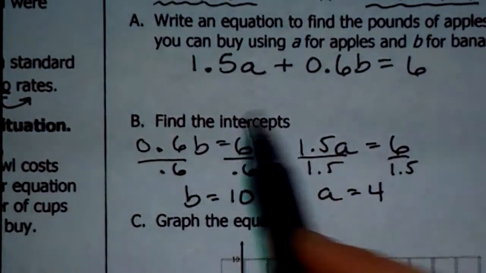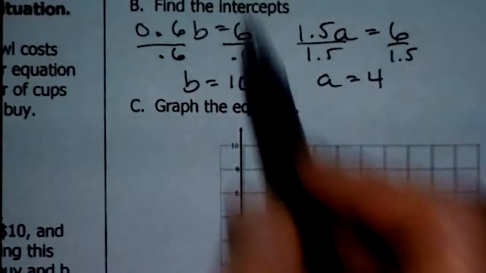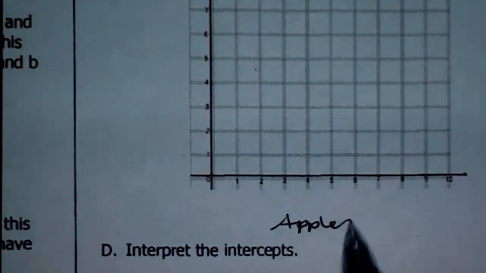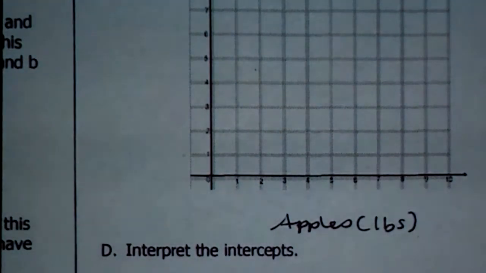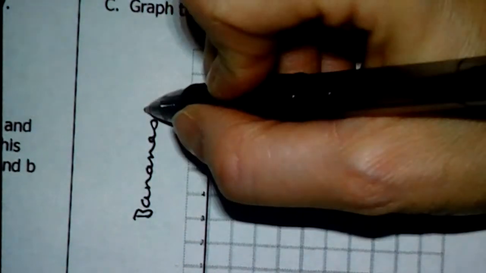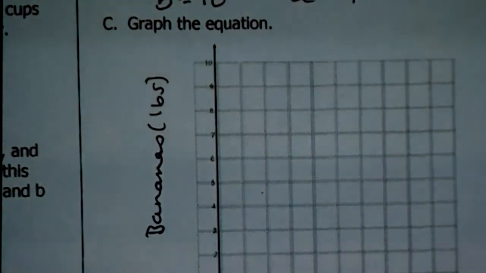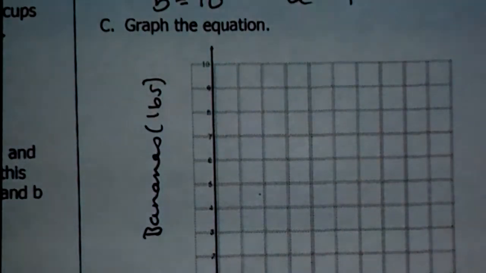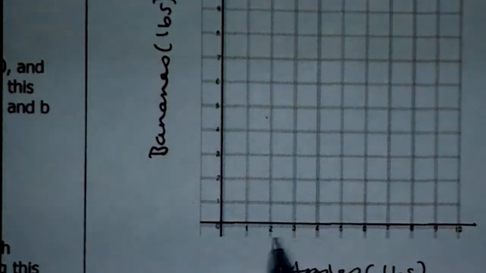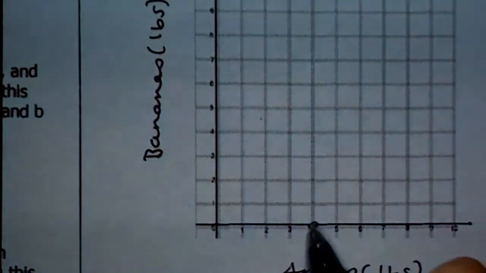All right, now we used A for apples, and that's kind of in the X spot here. So I'm going to call this apples, and I'll put pounds here, LBS. And over here I'm going to put bananas. That's supposed to be representing the Y, LBS. Now to graph this, you don't need to find a whole bunch of ordered pairs. If we know that our x-intercept, A, is 4, then I'm going to go on the apples and plot 4.